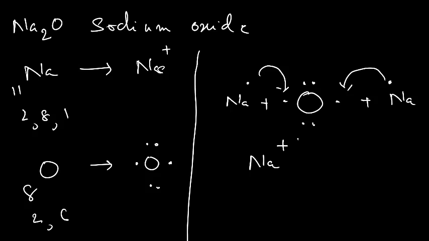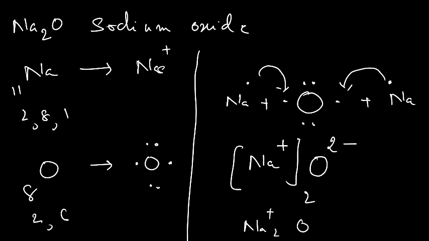How many sodium ions are there? There are 2 sodium ions. On the other hand, oxygen received 2 electrons from outside. Therefore, the charge present on oxygen is 2 minus. Therefore, this is sodium oxide. Finally, we get 2 Na plus, and oxygen with 8 electrons: 1 here, 2 here, 3 here and 4 here.